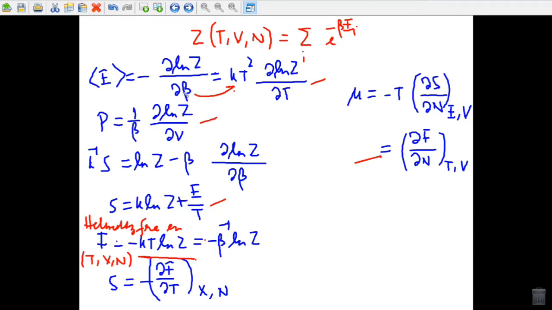Pressure can also be calculated from the partition function, a positive quantity: 1 upon beta del del V of ln Z.